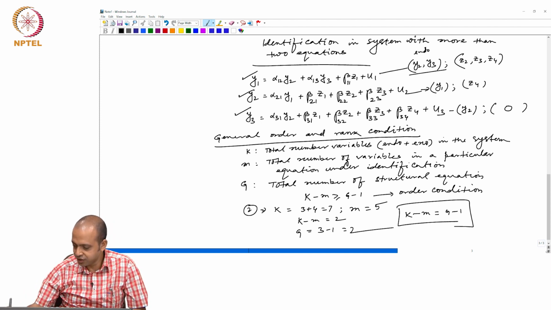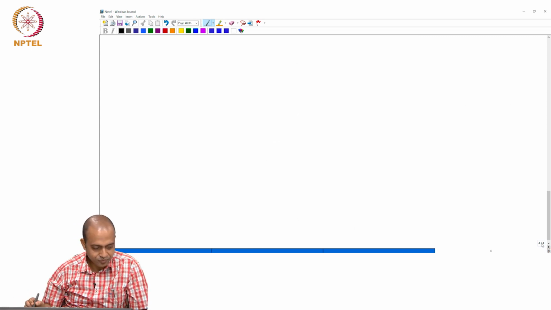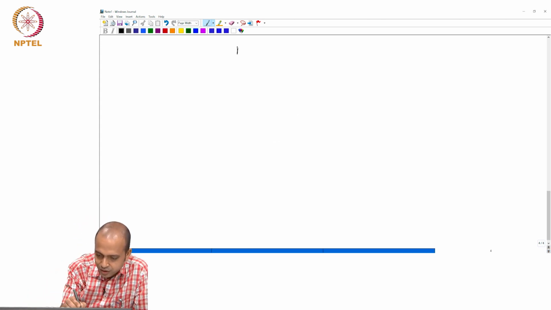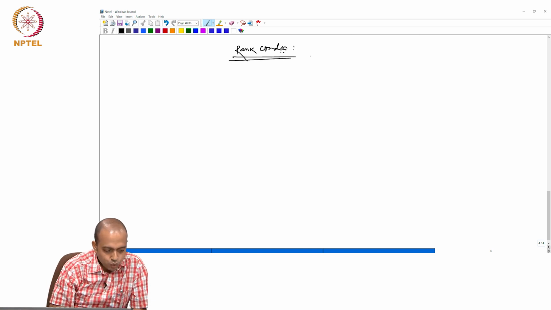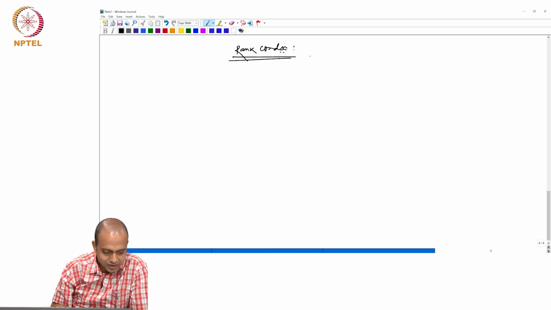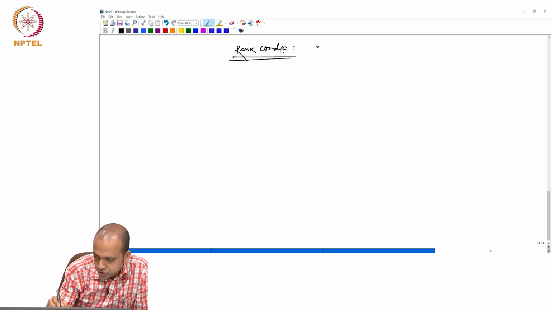We need to do it separately. So, now we will discuss the rank condition. For the rank condition, what will we do? We will construct a matrix.